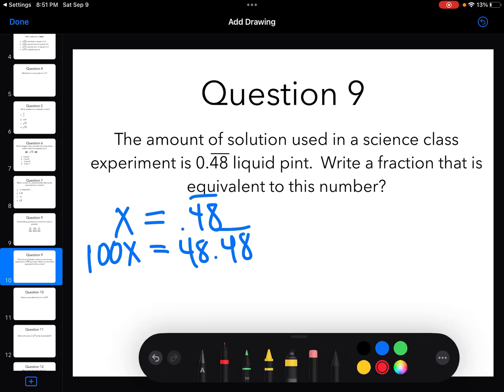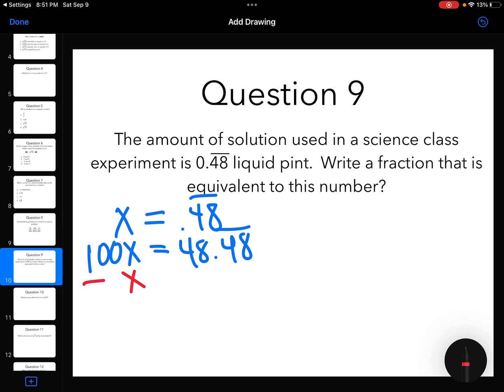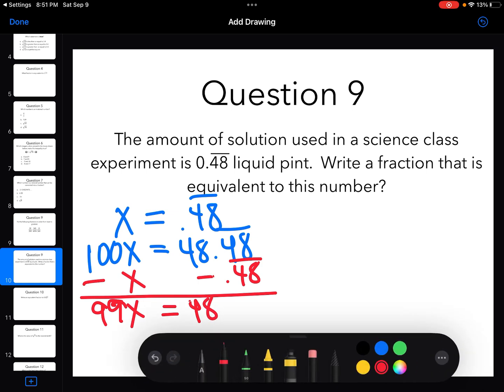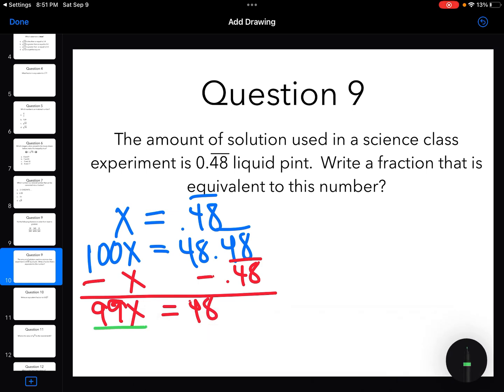Then I subtract x and 0.48 repeating to get rid of that repeating part. So I'm left with 99x equals 48. Then I've got a one-step equation, so I divide by 99 to get x by itself. So I have x equals 48 over 99.